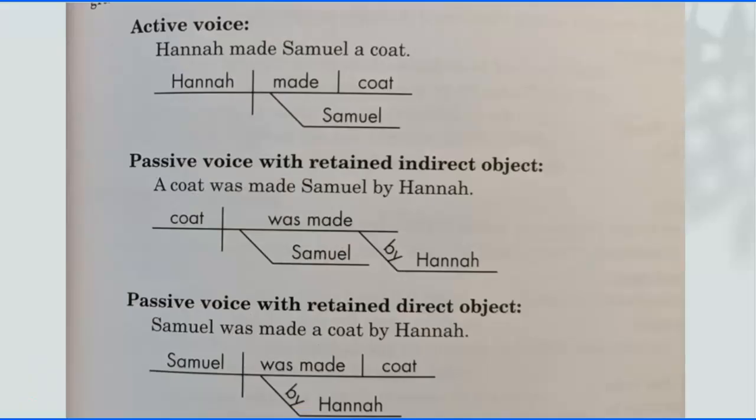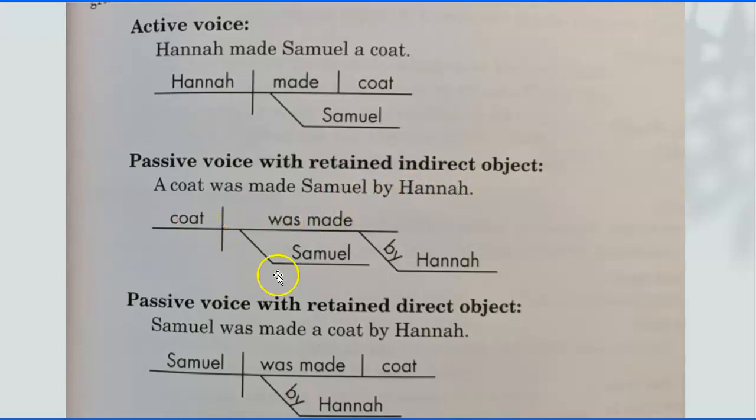So here's how it's diagrammed. Hannah made what? A coat, and Hannah made Samuel. So here we know that for sure it is an indirect object, and that's how we would diagram it. Now the passive voice with the retained indirect objects is something like this. A coat was made Samuel by Hannah.